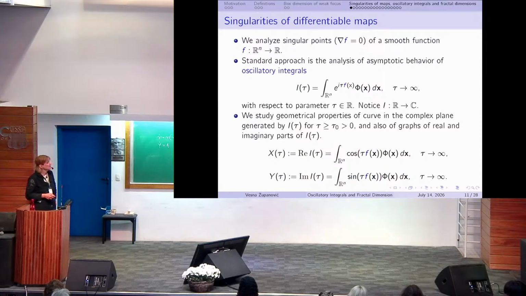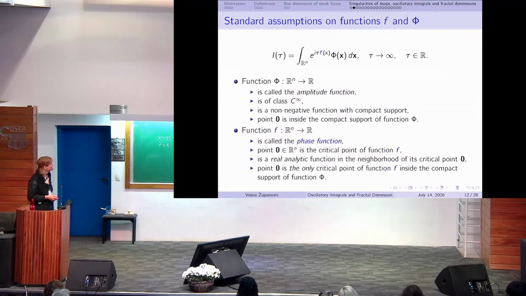We noticed that this curve has bigger box dimension if singularities of the phase function are more complicated. So this is our case. We have a very nice amplitude, and we avoid this type of spirals with 2 frequencies, something with spring, and so on.